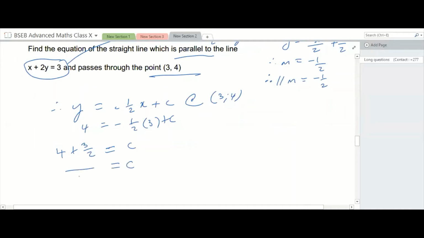C is equal to 8 plus 3 over 2, which is equal to 11 over 2. Therefore, y is equal to minus half x plus 11 over 2 is the answer.